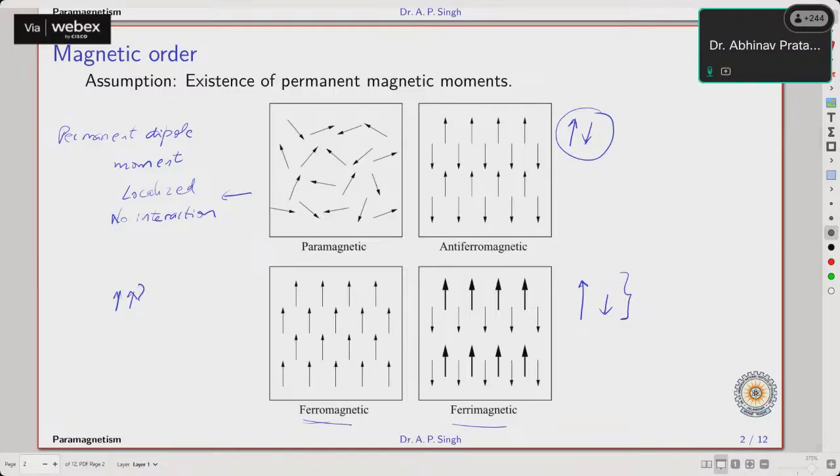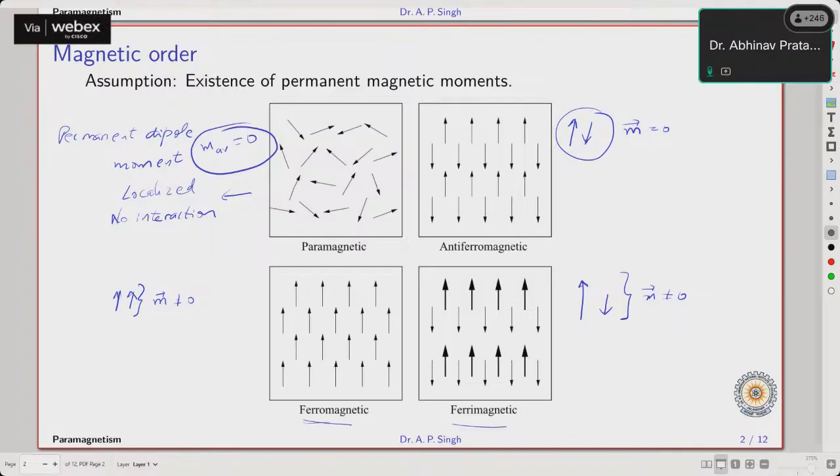Why? Because both of them have some magnetization which is not equal to zero, or net dipole moment which is not equal to zero.